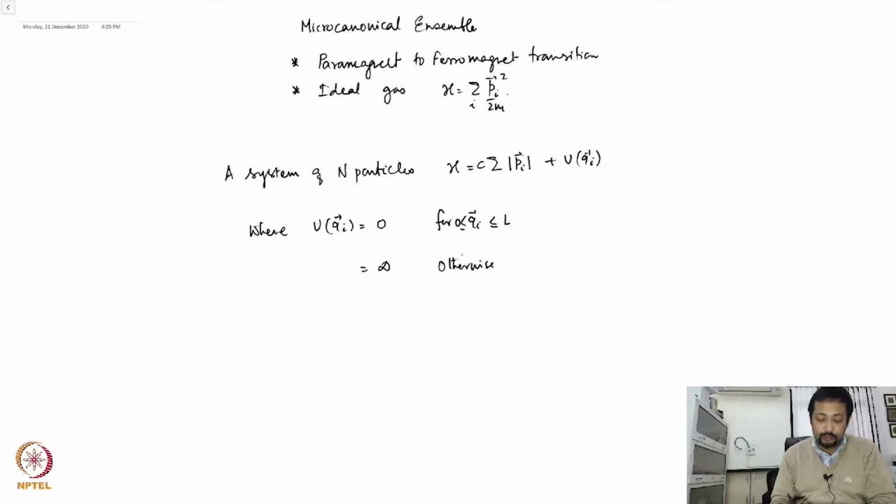So essentially what you're looking at is a container of volume V equal to L cubed, and the particles are contained within this volume.